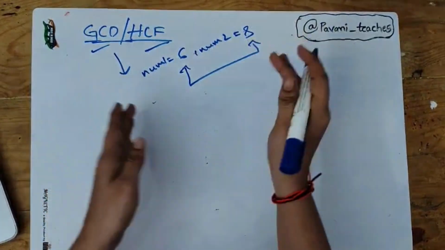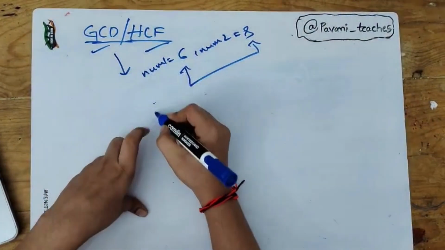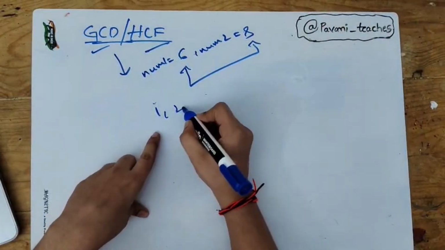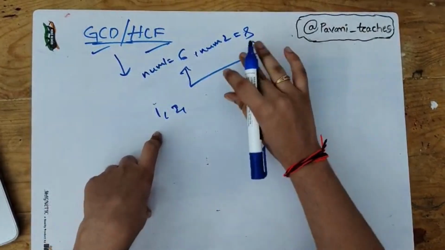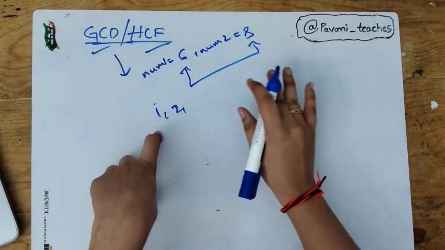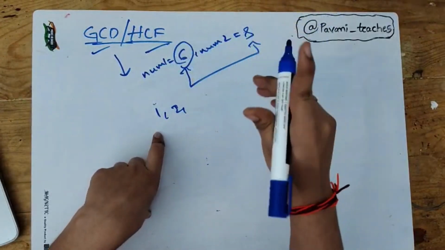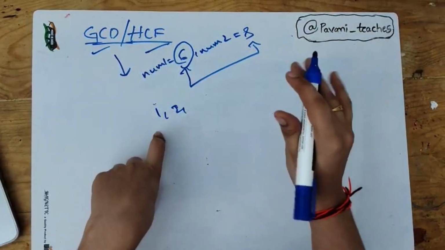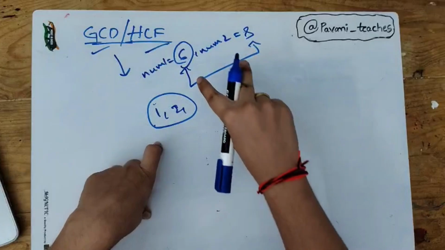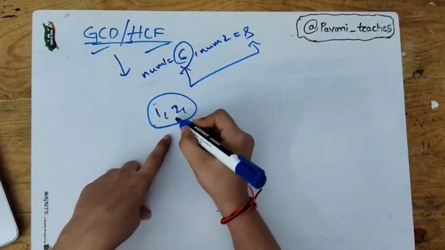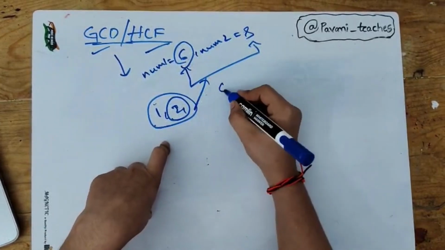First we will write all the factors that both the numbers divide. 1 divides both, 2 divides both, 3 will not divide both, 4 will not, 5 will not, 6 will not. After crossing the smaller of the two given numbers, we do not need to check anything. So only 1 and 2 divide both numbers. In this, which is the greatest common factor? That is 2. So 2 is the greatest common factor of 6 and 8.